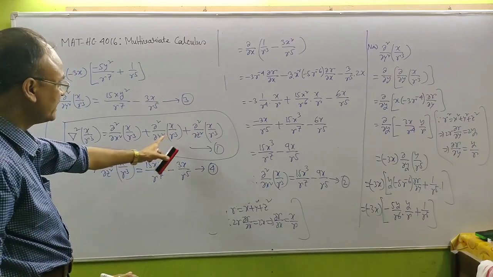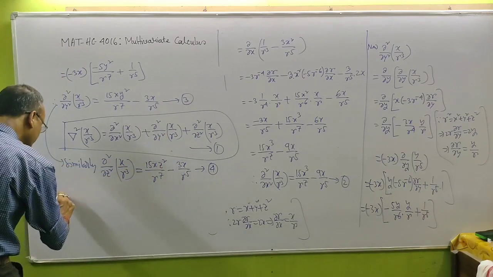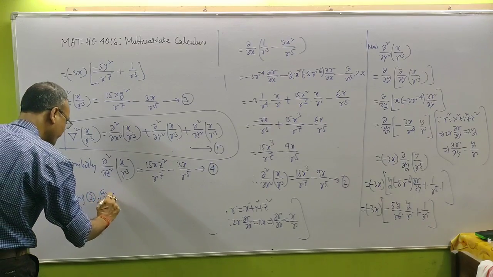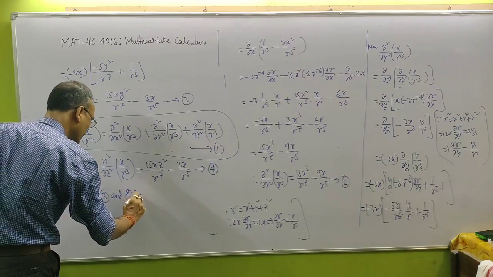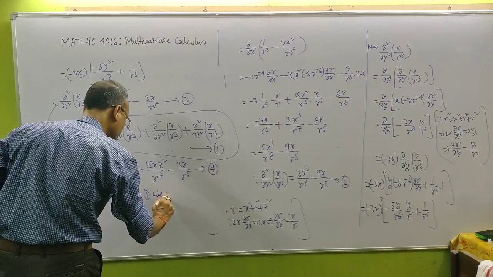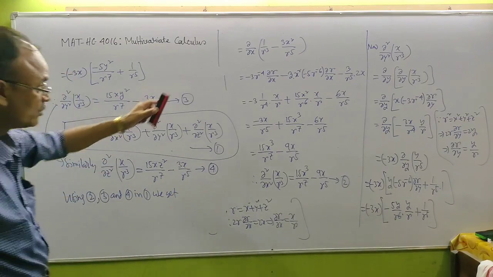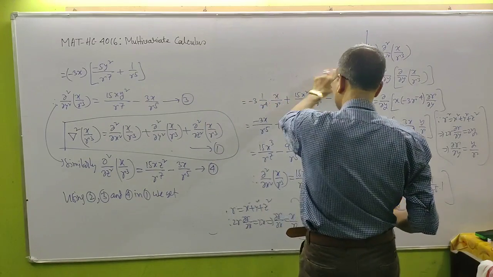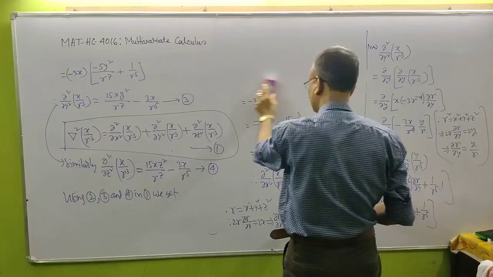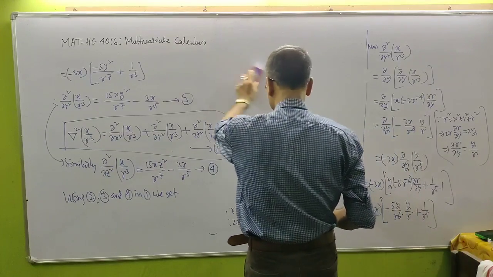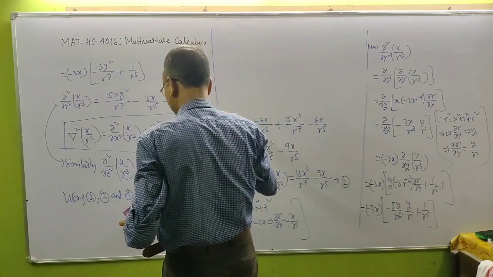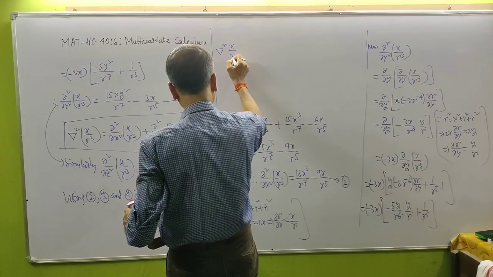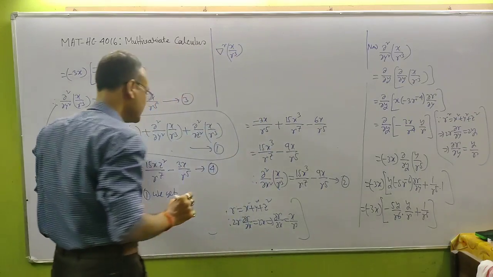Using 2, 3 and 4 in 1 we get the Laplacian of x by r cube. What is this?